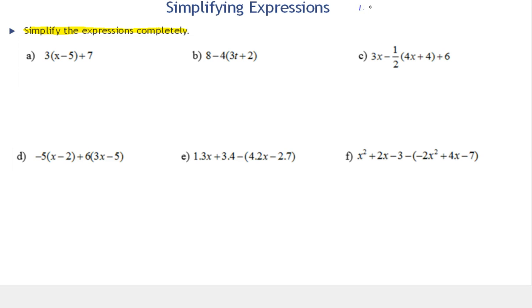First, we are going to use the distributive property whenever we can to remove parentheses. Then we're going to perform the multiplication from the distributive property, so we'll actually multiply them out. And then our last step is going to be to combine like terms.